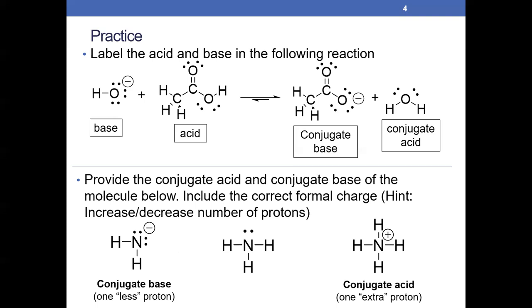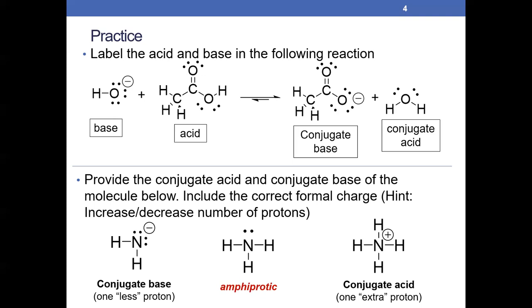So 5 minus 6 is going to be -1. You okay with that? Just a quick review of formal charge, to make sure we're comfortable with it. Any questions on labeling? Okay.